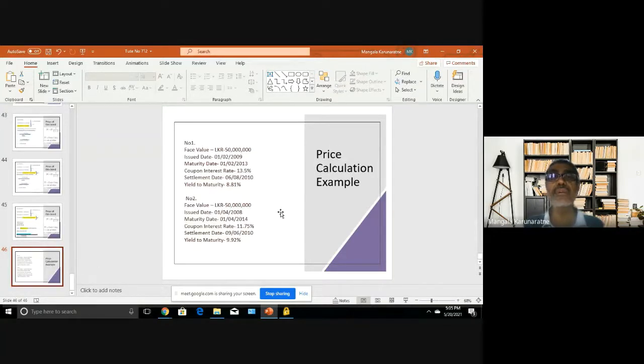Yesterday I gave you 2 examples. Now this one, you see it's 50 million. Coupon rate is 13.5 and yield to maturity is 8.81%. Now there cannot be two rates in the market.